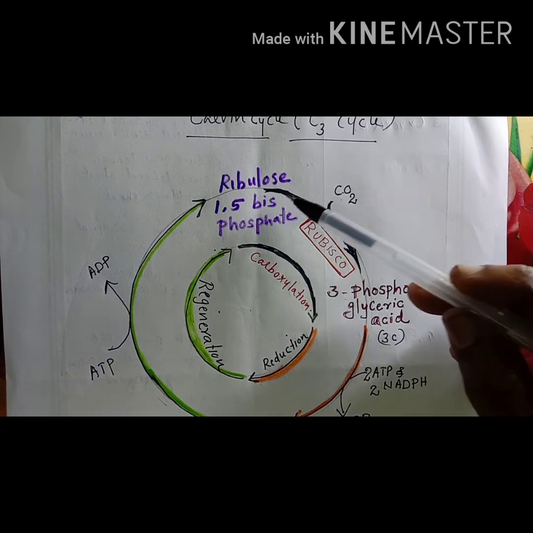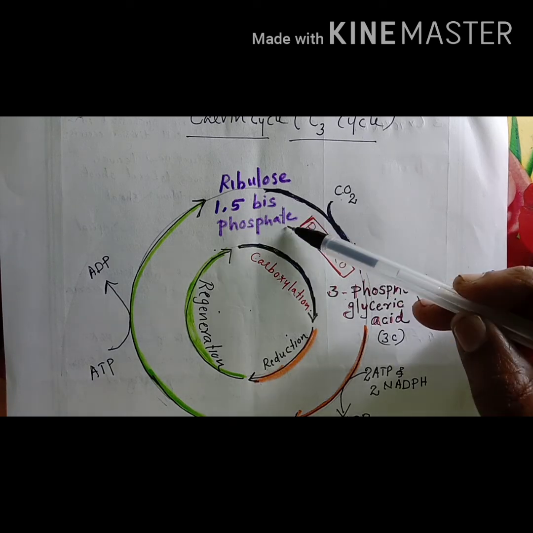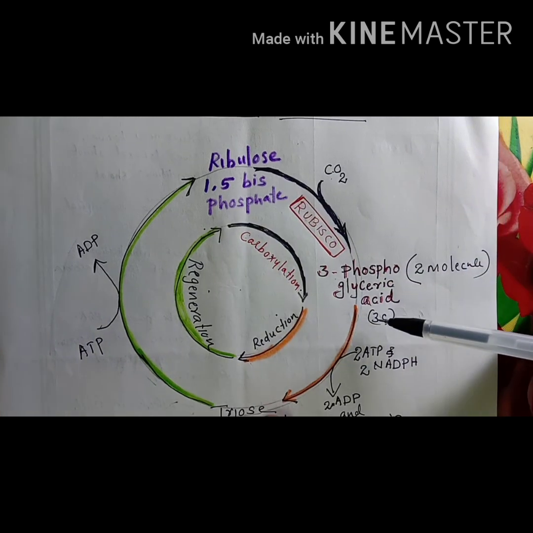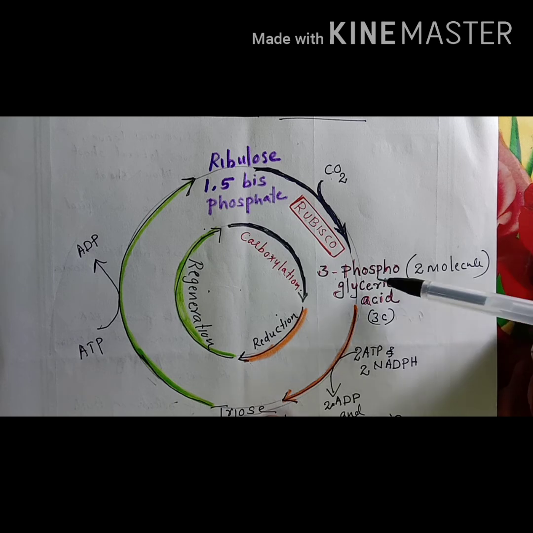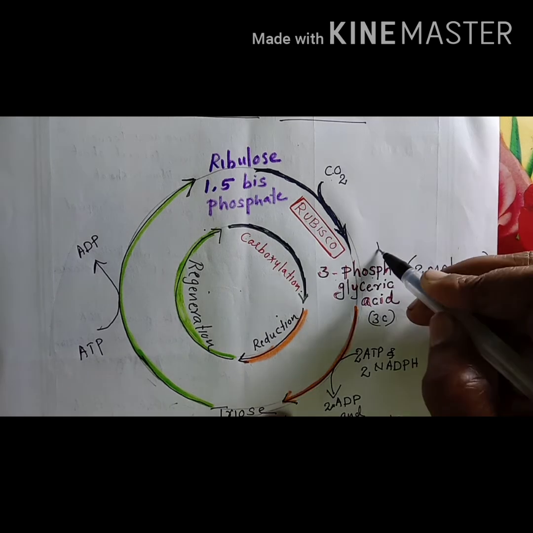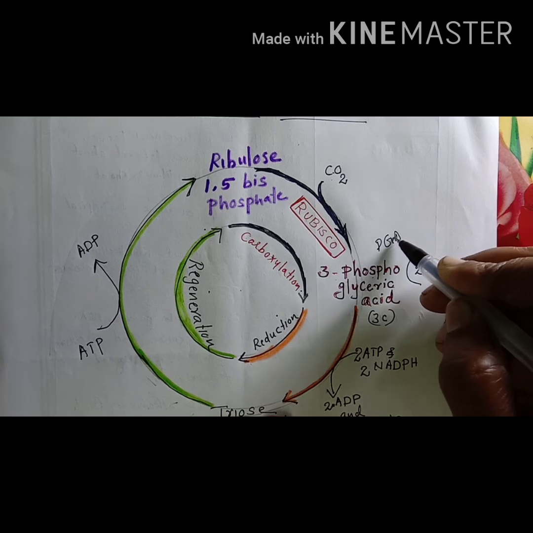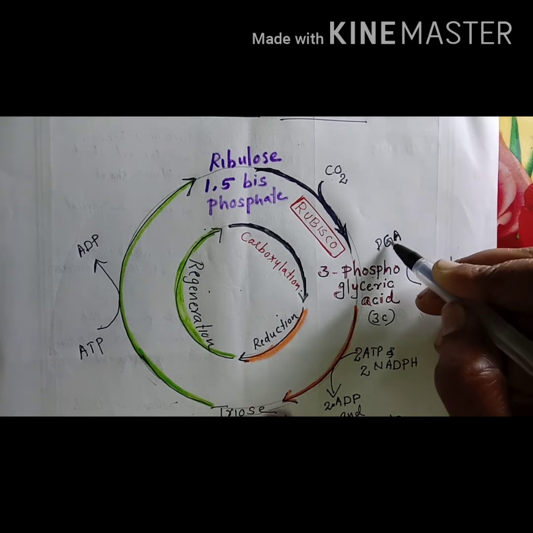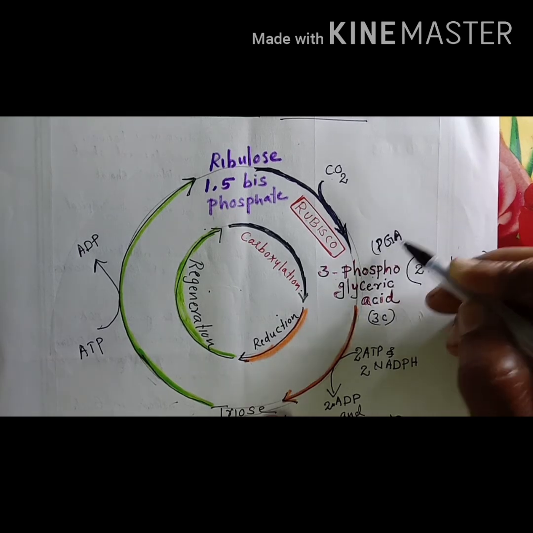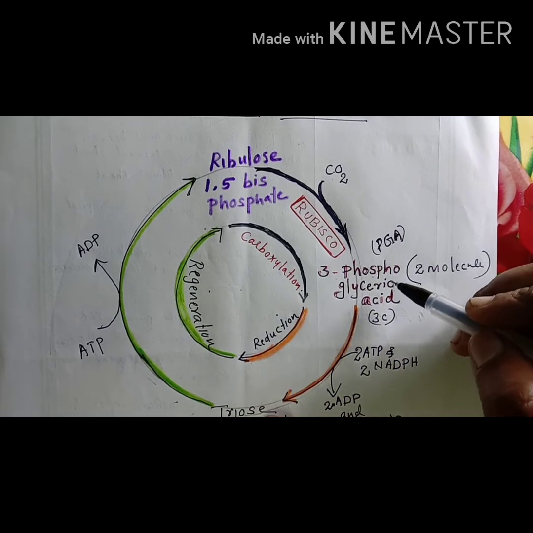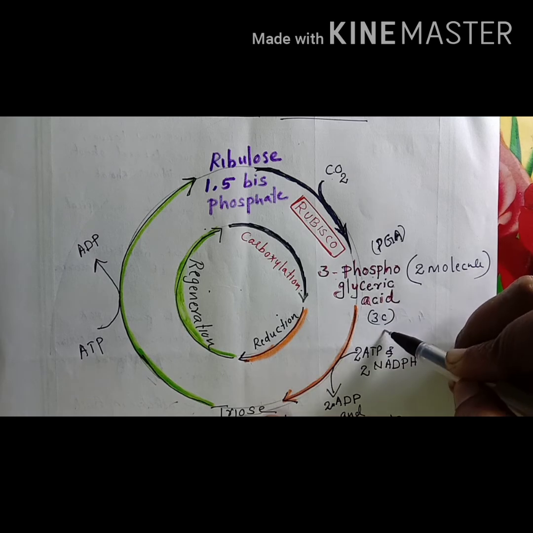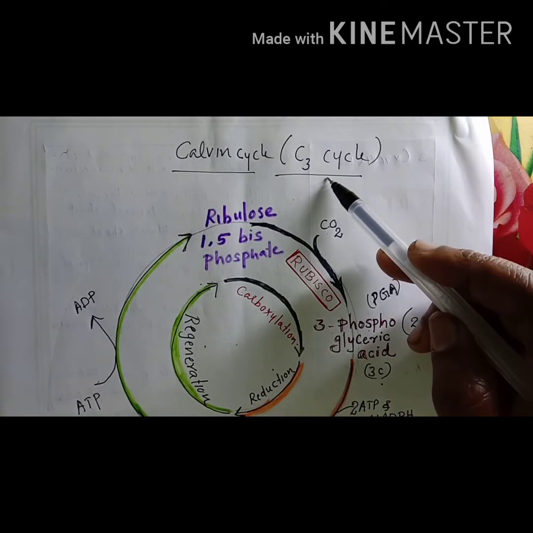Carbon dioxide is combining with ribulose 1,5-bisphosphate to become a 3-carbon compound. The name of the compound is phosphoglyceric acid, otherwise called PGA, which is the first compound formed in the C3 cycle, and that is a 3-carbon compound. So the cycle is called a C3 cycle.